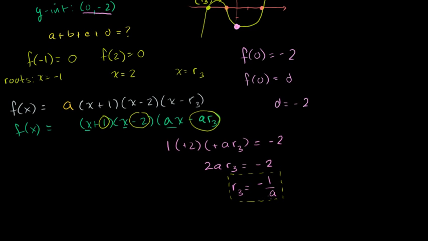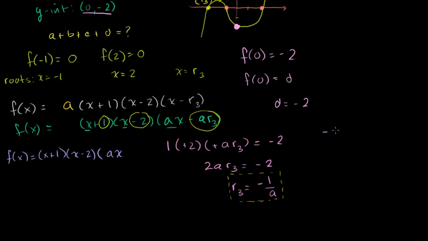So if r3 is -1 over a, this term right here becomes what? Let me rewrite it. f of x is going to be equal to (x + 1) times (x - 2) times (ax - a times r3).